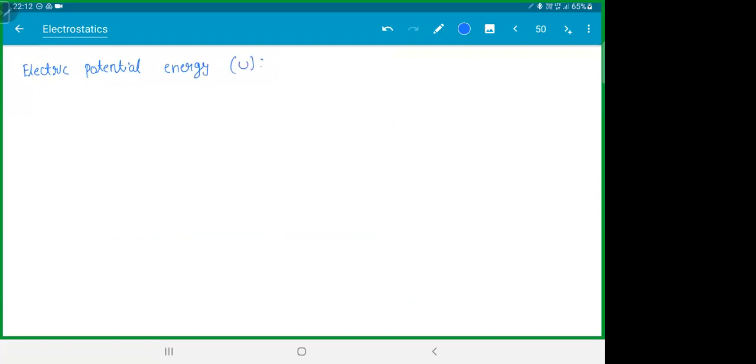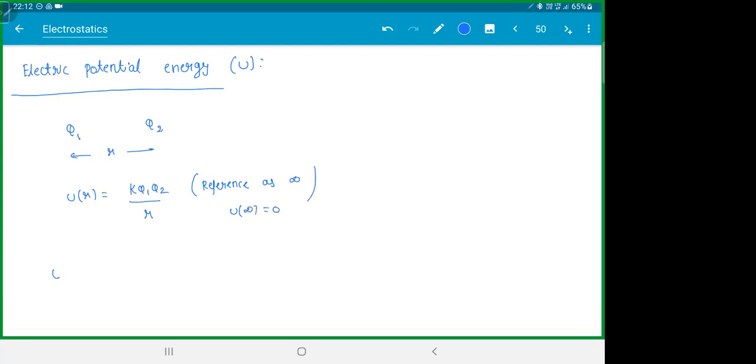The symbol is U. So if you have charge Q1 and charge Q2, and the distance between them is R, the potential energy U of R is given by K Q1 Q2 by R. Here we are taking the reference as infinity, that is U of infinity is equal to 0. So the actual formula is U of R minus U of infinity equals K Q1 Q2 by R. I think this is the main thing which you should remember.